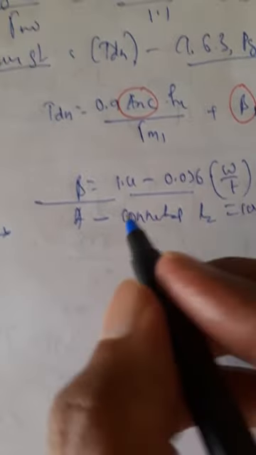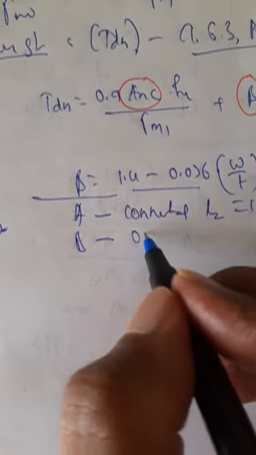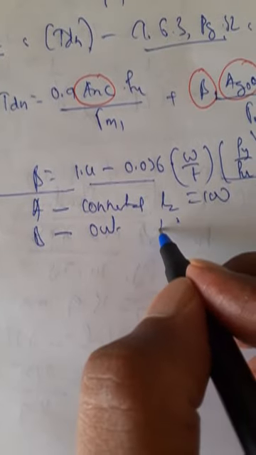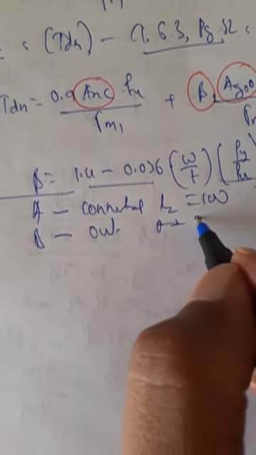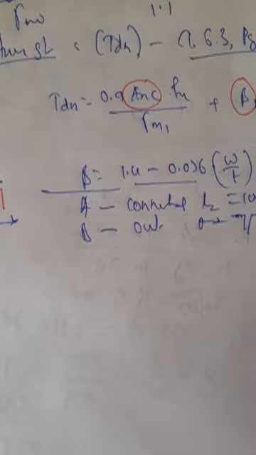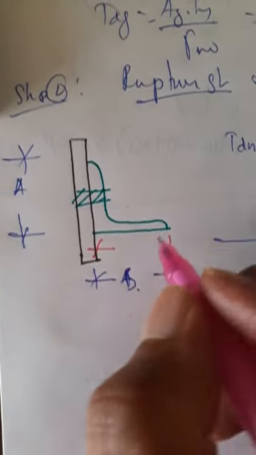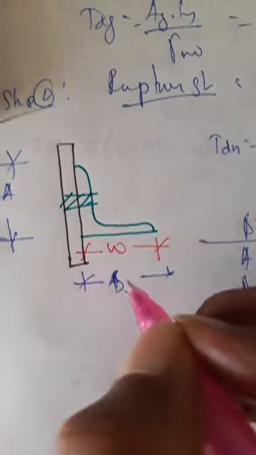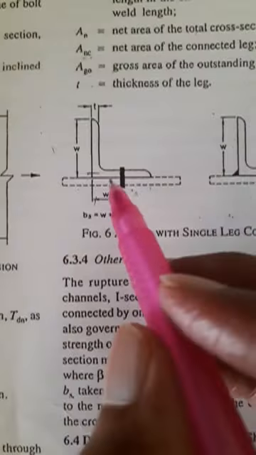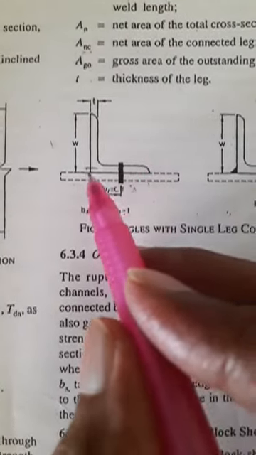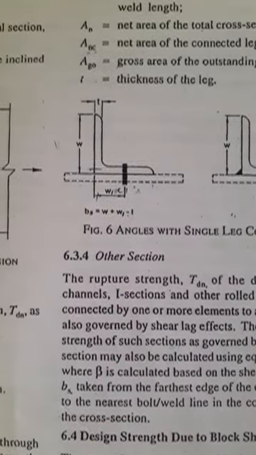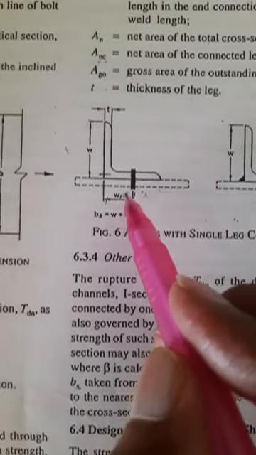A connected leg is 100, B outstanding leg is 75, right? Now, as per this code, outstanding leg is shown as W. So here this is W. Now, as per this code, bolt center to this edge is WL. So here WL is this.